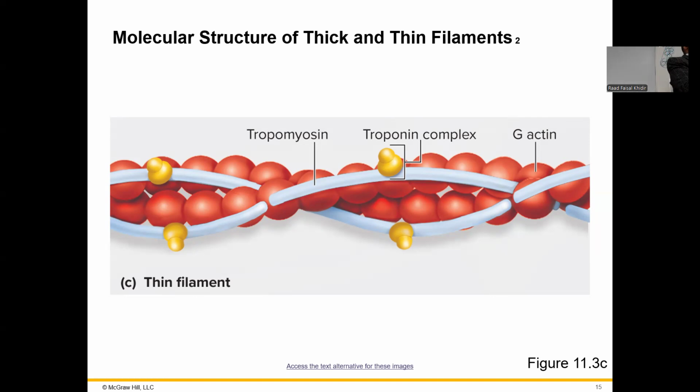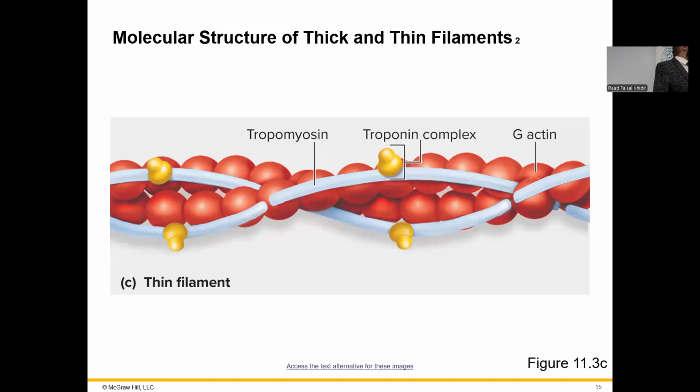They have holes known as the active site. But these holes are covered. Who's covering the holes? Do you see holes now on the red balls, the red actin? No, because who's covering them? The troponin complex is covering the hole.